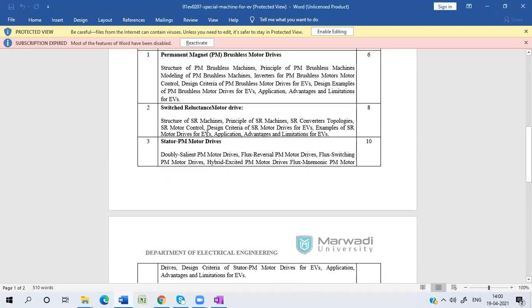Yes. So we are going through the second unit at present, which is the switched reluctance motor. In the last session, we gave just the introduction of the SRM. It is called an SRM motor, or we can say SRM drive. So we will start from this.